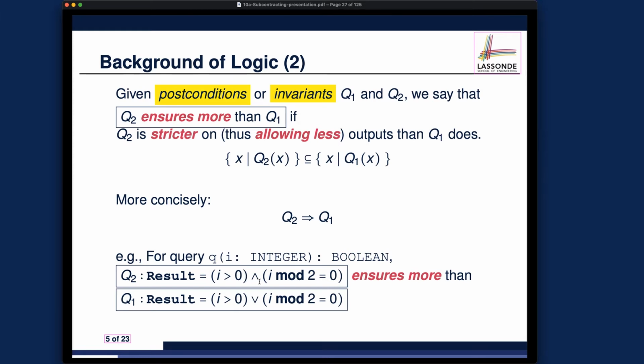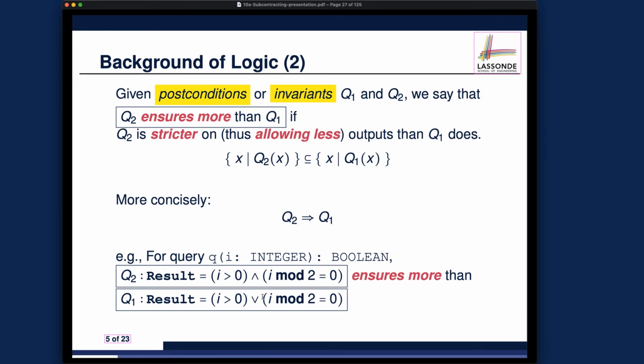Basically, we're saying that result will be true if and only if the input I is a positive even number. Now for Q1, an alternative postcondition, result is true if and only if either I is positive, in which case I can even be an odd number, or I is an even number but it can be negative.